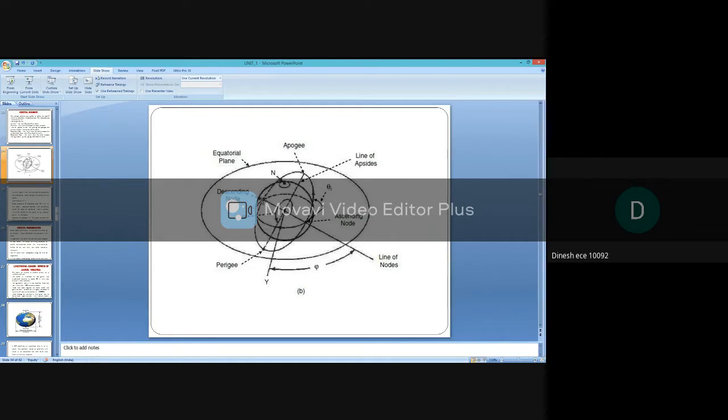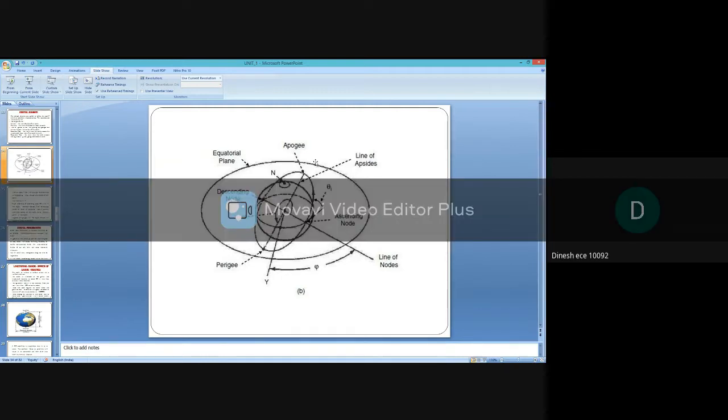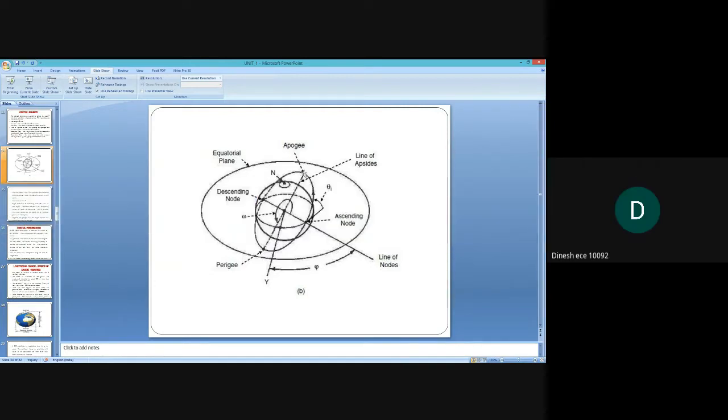And this is your descending node, moving from north to south. Then this is your equatorial plane. This is revolving around the orbit. Then this is your line of apsides, which connects the apogee point and the perigee point to the center of the Earth.